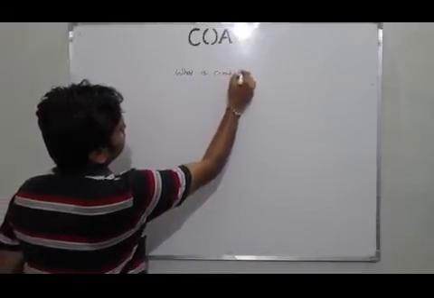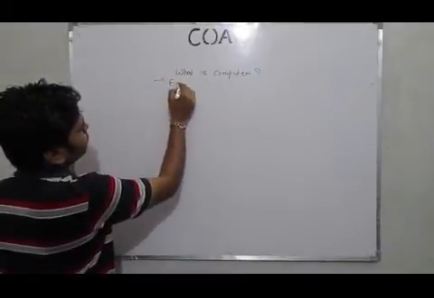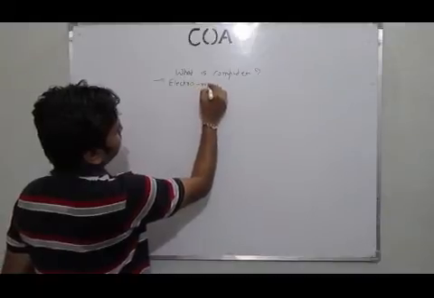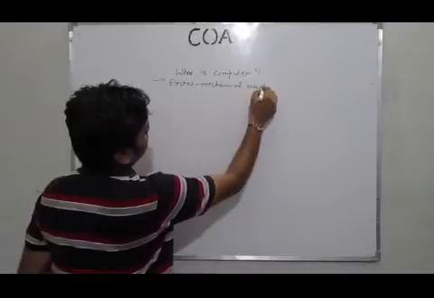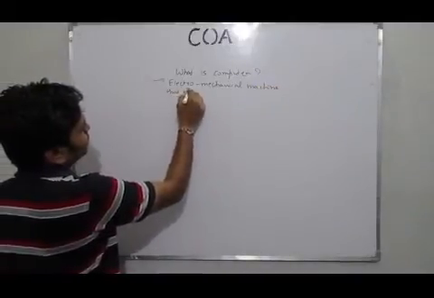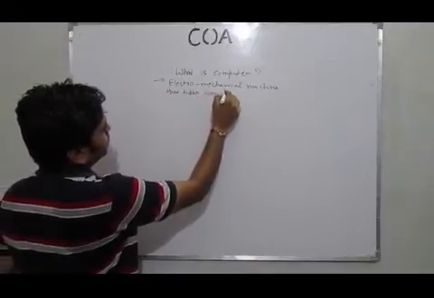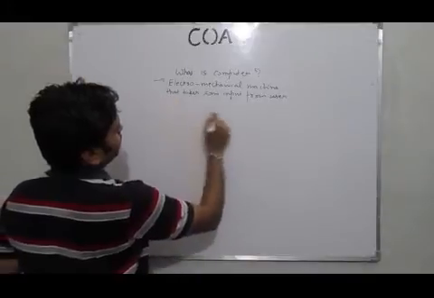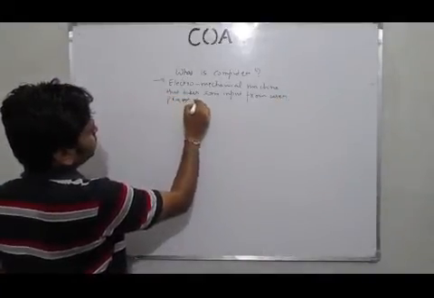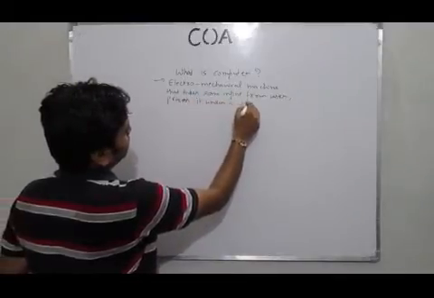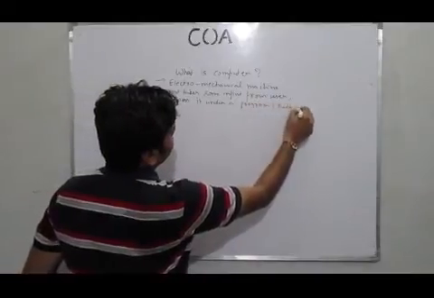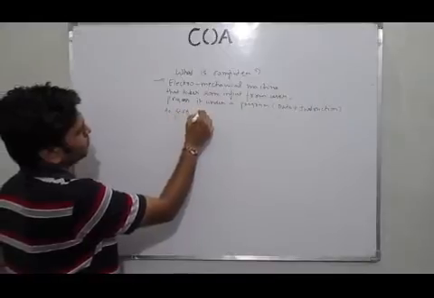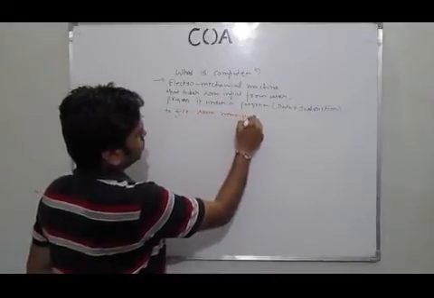We all understand that a computer is an electronic machine, an electromechanical machine, that takes some input from the user and processes it under a program, which is nothing but a combination of data plus instruction, to give some meaningful output.